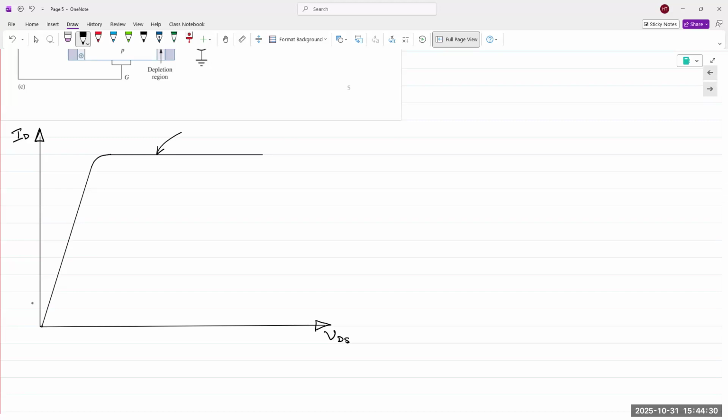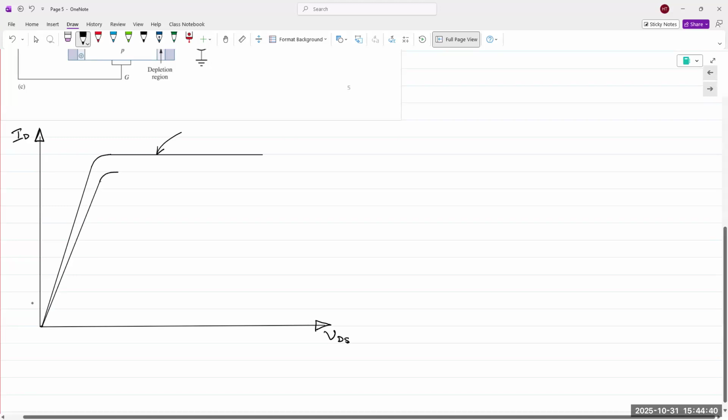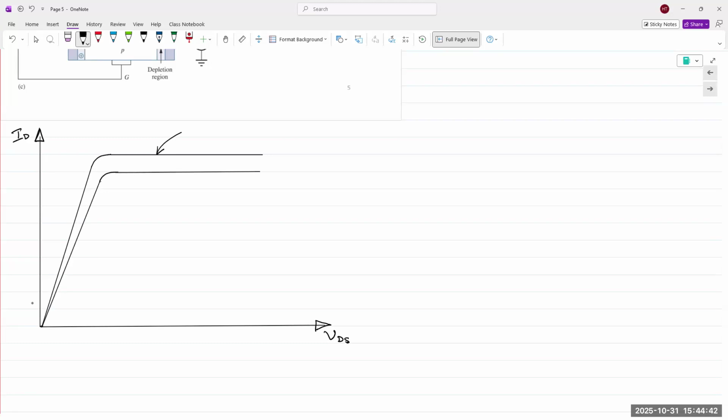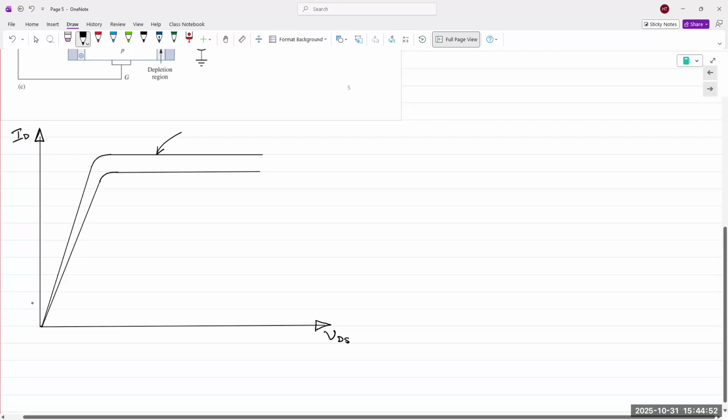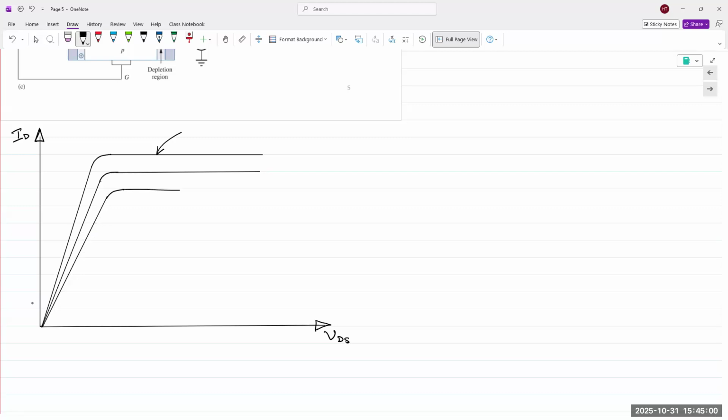And so even if we applied another voltage, the max that would be permitted to flow through would be lower. And we increase VGS again, far more negative. We'd obtain a third set of data. And then a fourth, and so on and so forth.